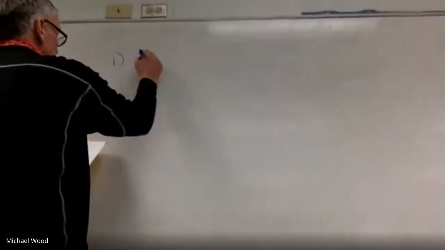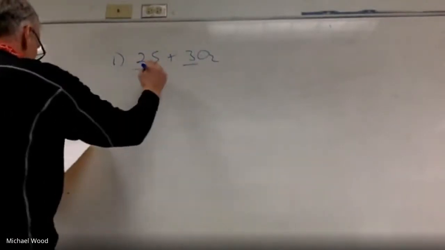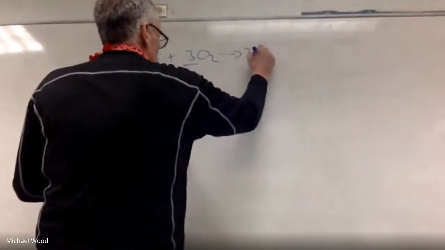And whenever there's coefficients, it's balanced. So this one's balanced. So 2 S plus 3 O2 makes 2 SO3.